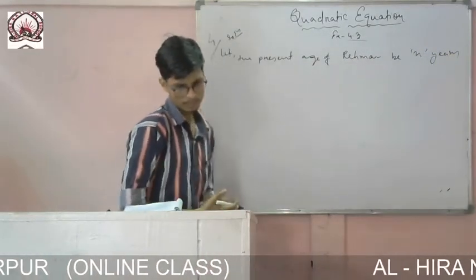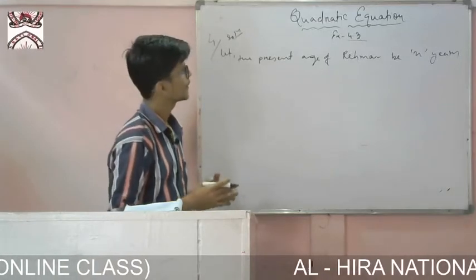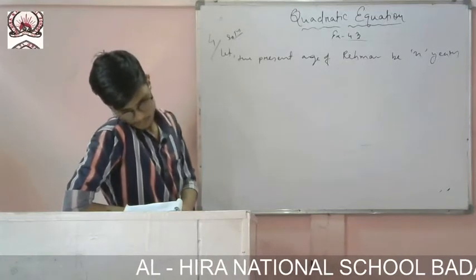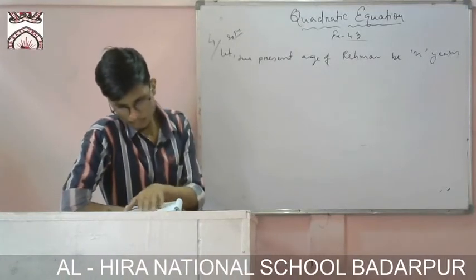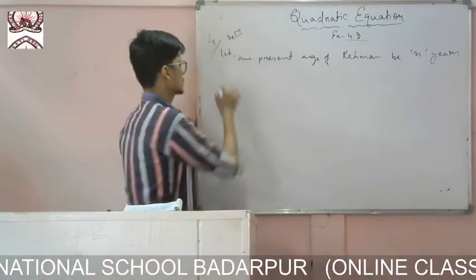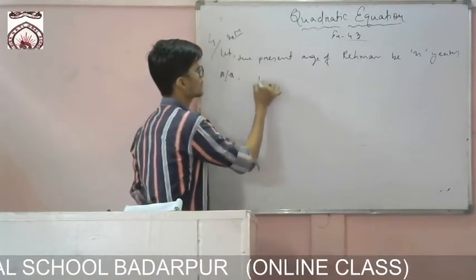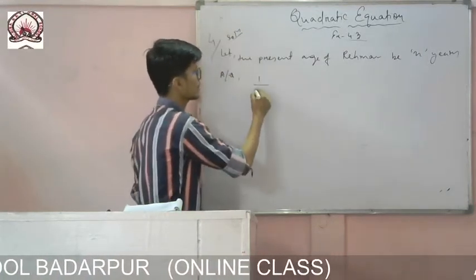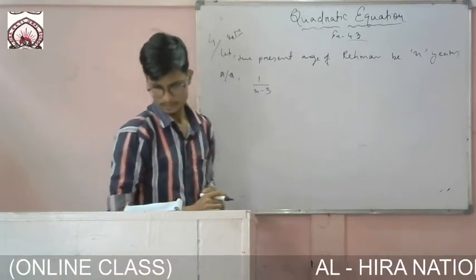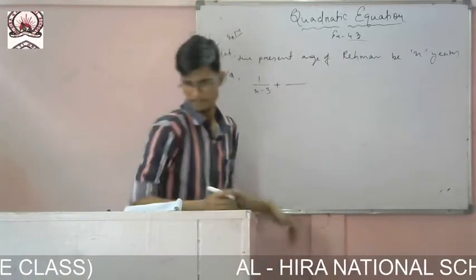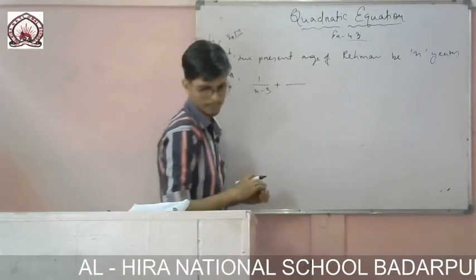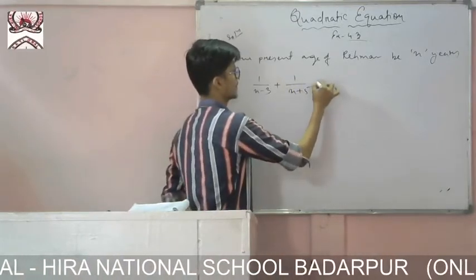Now it is given the reciprocal of 3 years ago and 5 years from now. 3 years ago means minus. So let me write according to the question, the reciprocal; 3 years ago means minus, and the sum is given, so it will be plus, and 5 years from now means plus.